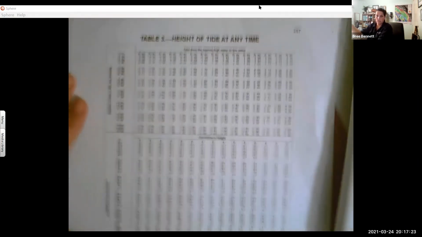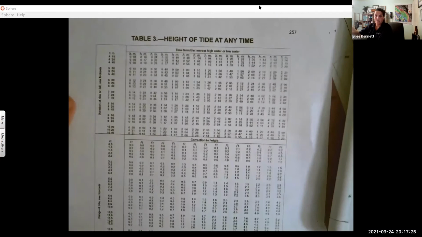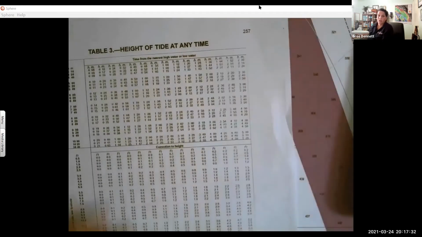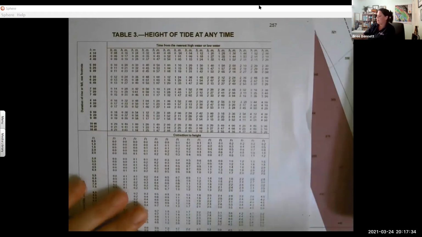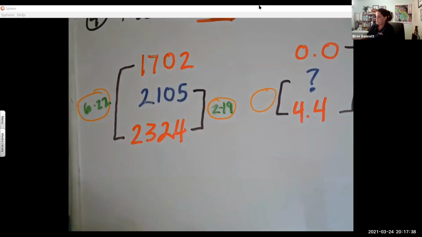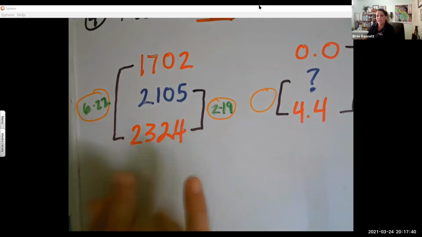So now we're going to use table 3. Zoom in here. So we're going to start at the top because the two things that we have are on the time side.